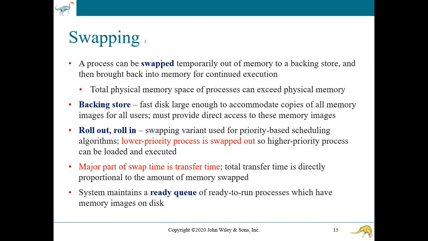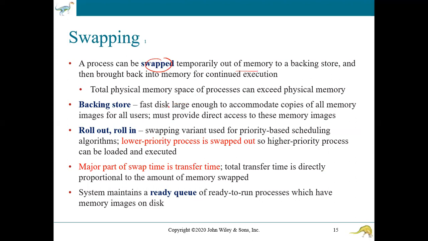Okay, swapping. Swapping is temporarily keeping the program out of the memory. So in the virtual memory, your disk memory, you bring it back and forth. Whenever you require it, you bring it to the main memory, or otherwise put it on the disk.